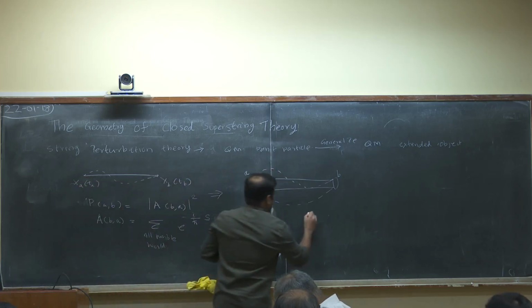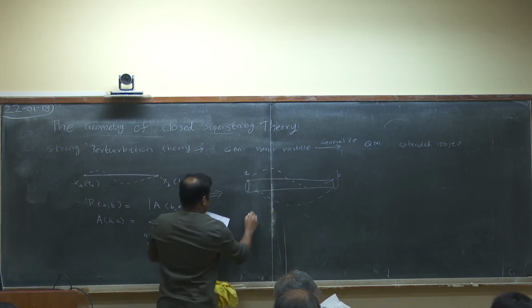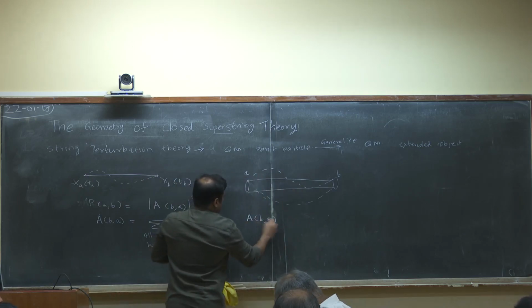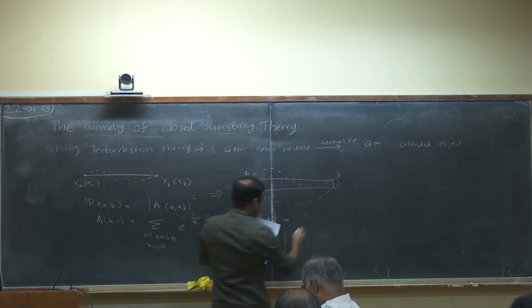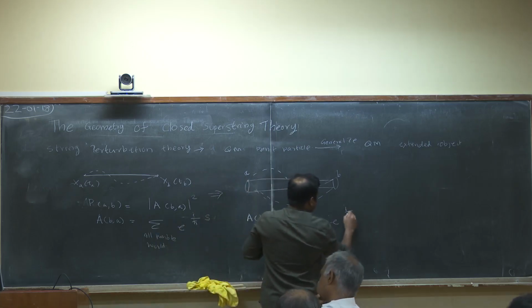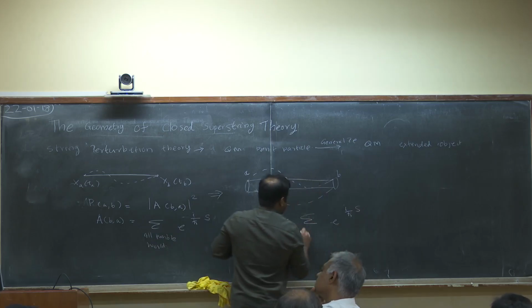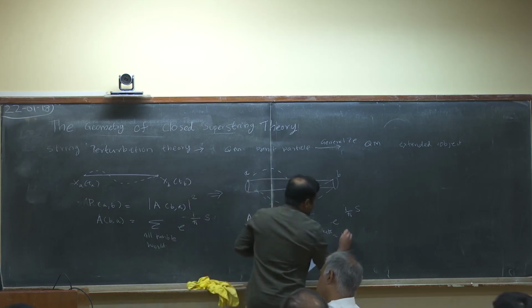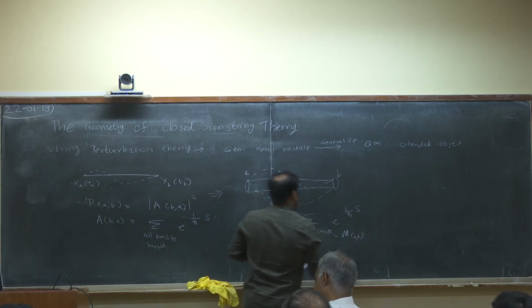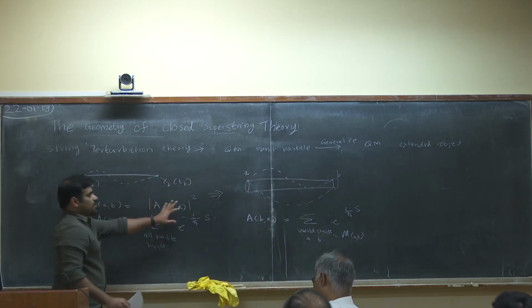So the amplitude from A to B for the string case is given by a sum over all possible world sheets with initial state A and final state B, which I denote by M_AB. So this is the prescription.